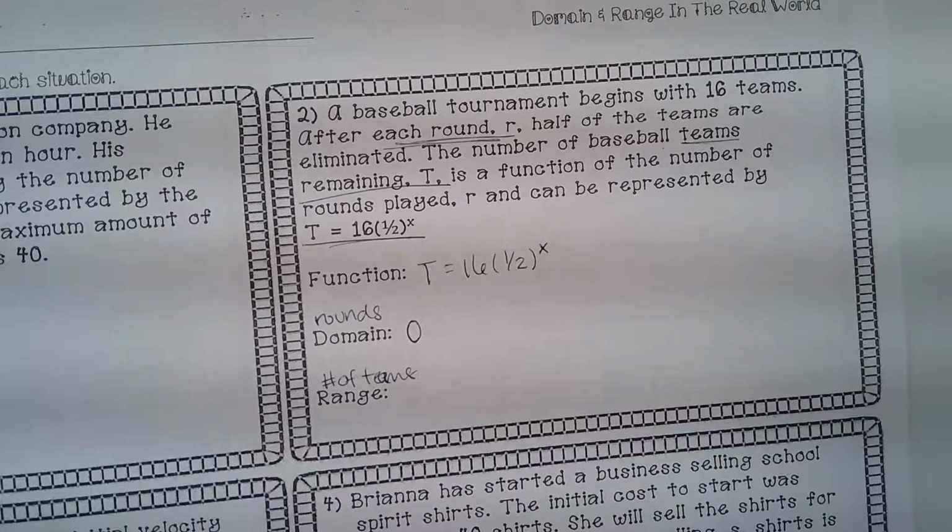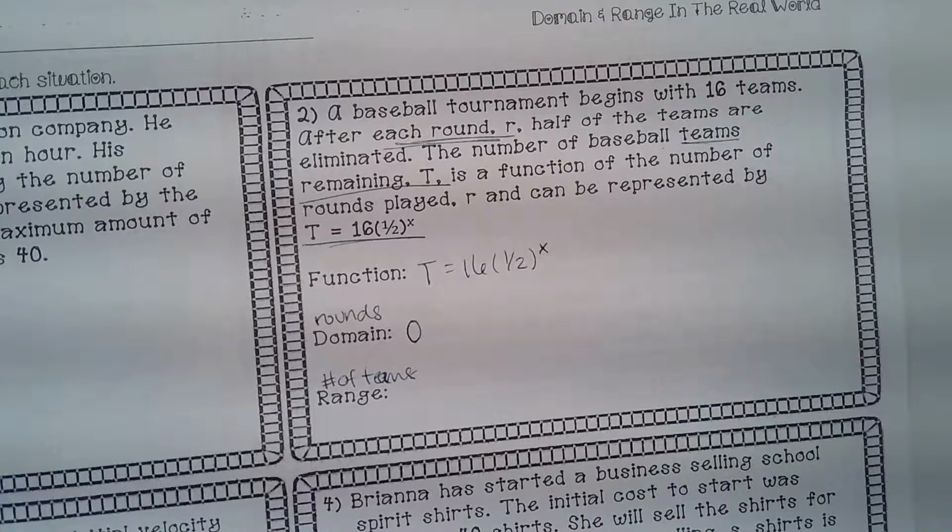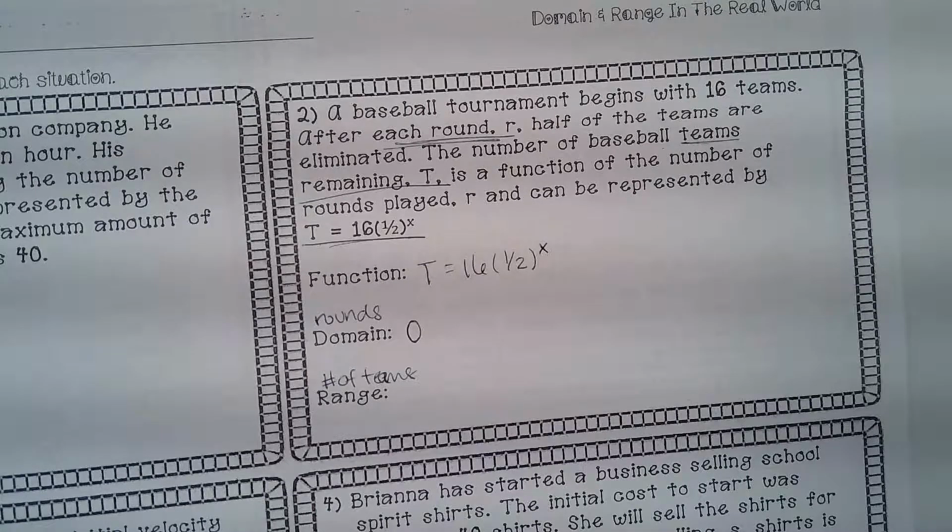Then they'll play again, and how many will be left after that? Then they'll play again, and how many will be left? 2. Then after that, just 1. So how many rounds does that take? 4. So that's your highest domain. So 0 to 4 for your domain.